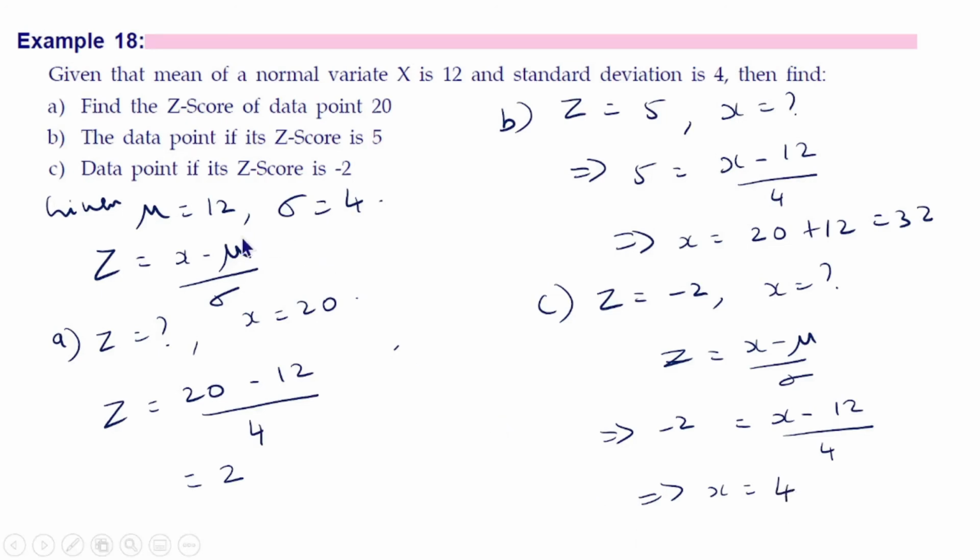So here the mean is given and the standard deviation is given. We are asked to find the z-score when the data point is given, or the data point when the z-score is given. Using this formula we can find either way: when x is given we can find the z-score, and when the z-score is given we can find x.